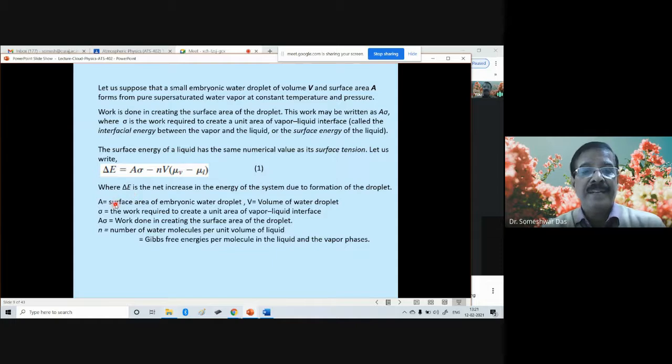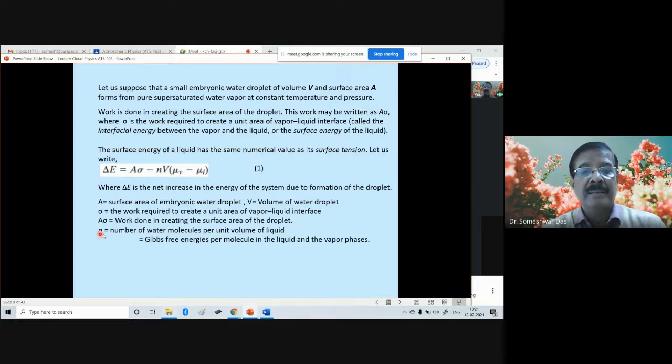A, as we defined earlier, is the surface area of the embryonic water droplet. V is the volume of the water droplet. And sigma is the work required to create a unit area of vapor-liquid interface. A sigma is the work done in creating the surface area of the droplet.